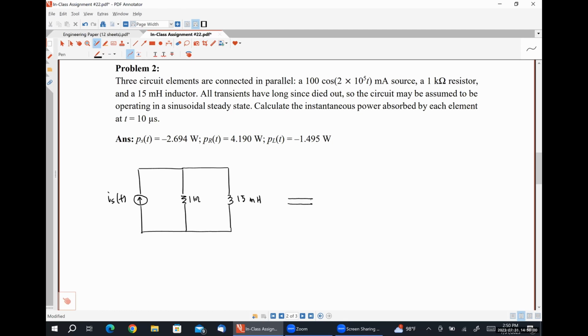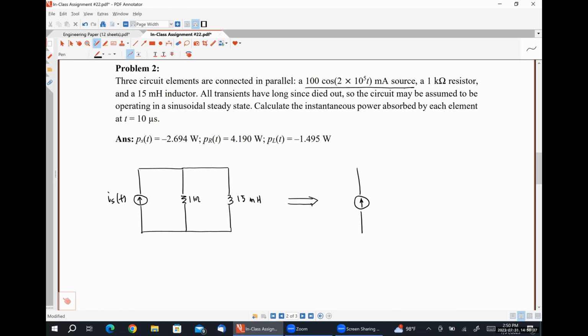What will this circuit look like in the frequency domain? So what is the phasor representation of this current going to be? What's the magnitude? Magnitude is 100.